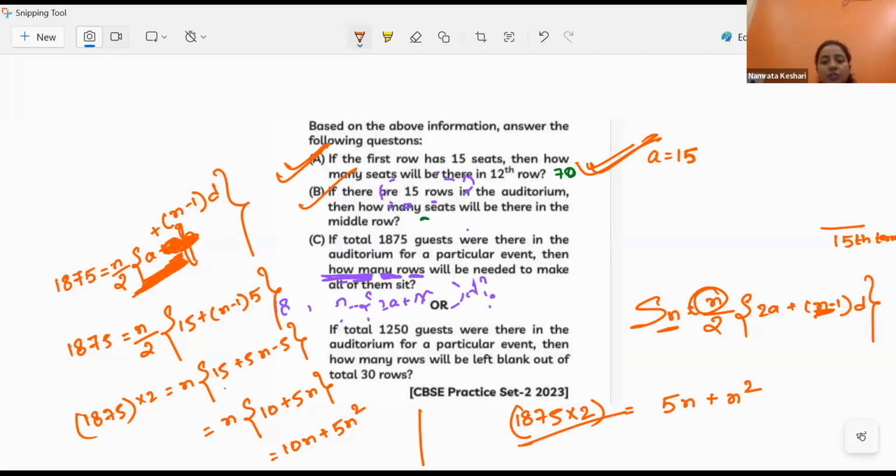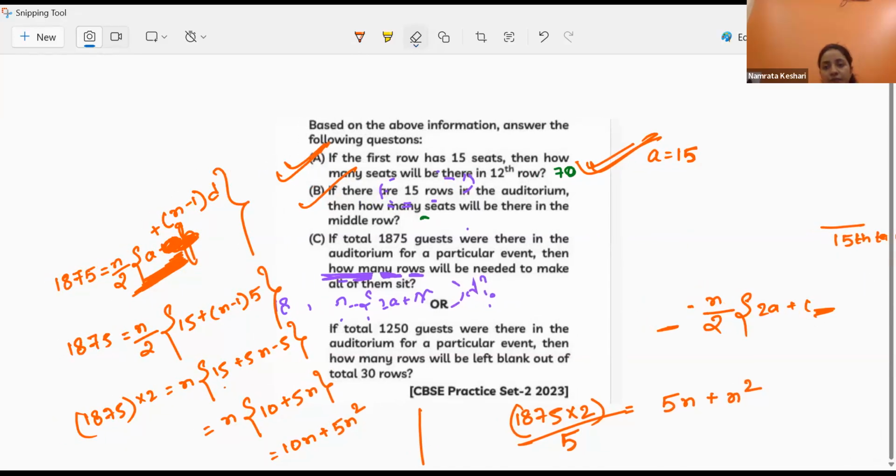And the 5 which we have taken common, we can take over here in the denominator. Any confusion so far, Ritvika? We took 5 common from the RHS and we are writing it in the denominator on the LHS, understood? Yes, ma'am. I got it.